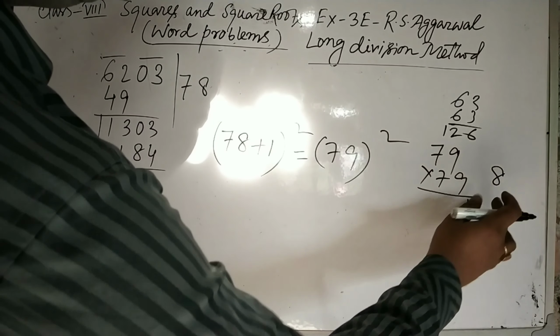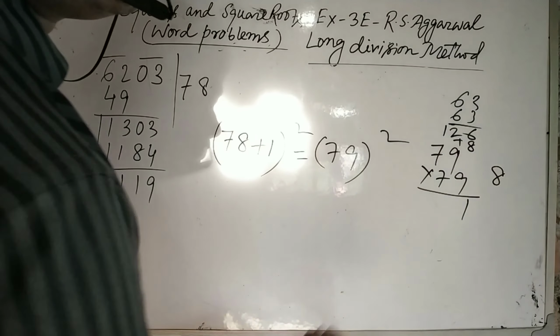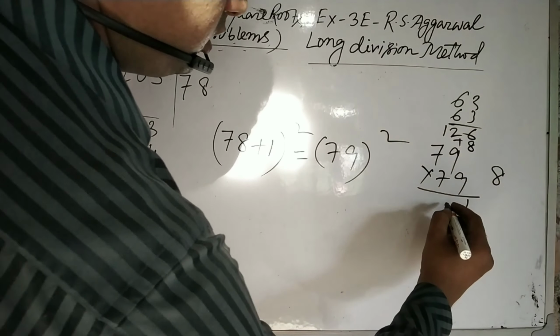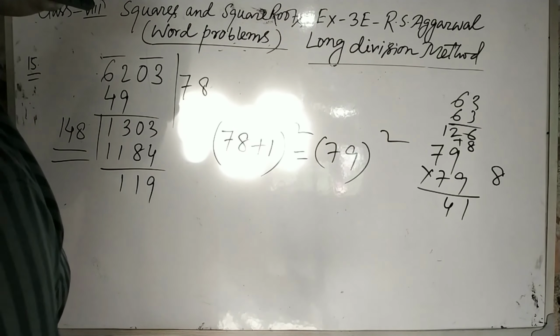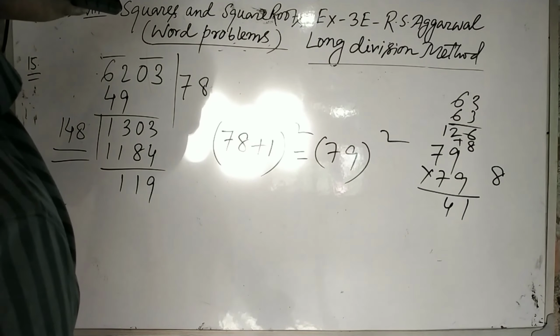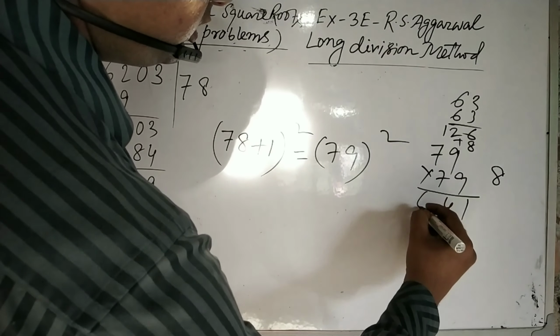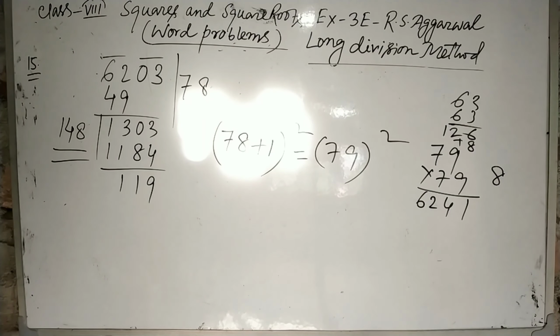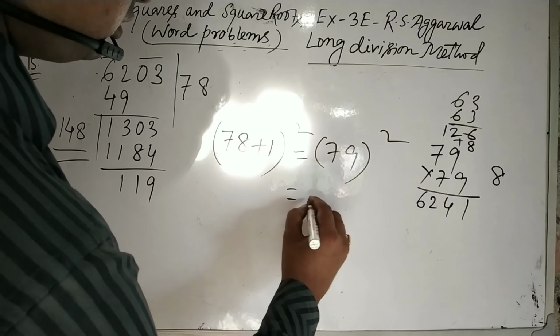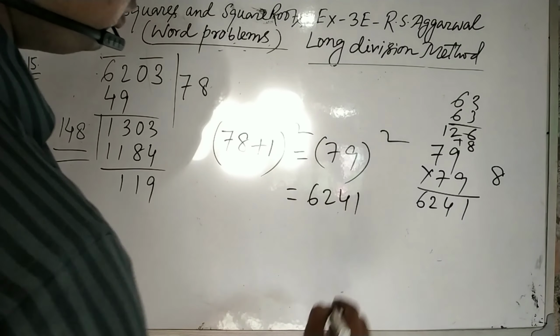Okay? Plus 8. So it is 4. Then 7, 7, 49. 12 plus 13. That is 6241. Okay? So it is 6241.